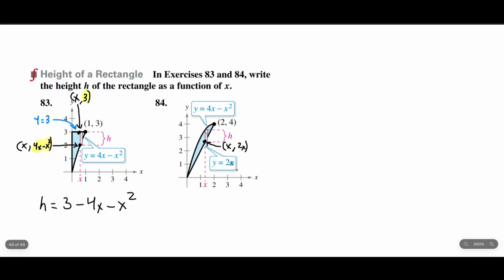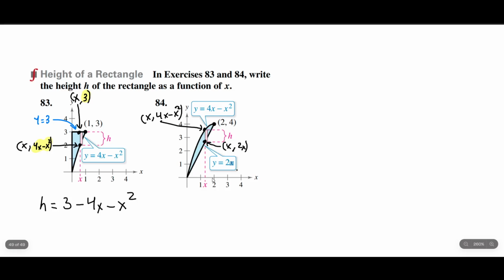This point right here will be x comma y, but y equals 4x minus x squared, so it'll be 4x minus x squared.